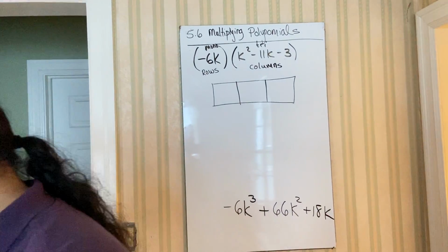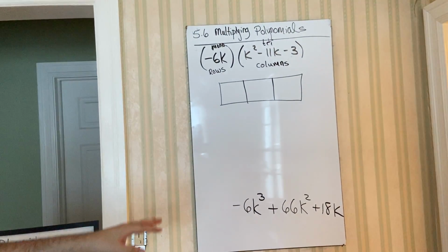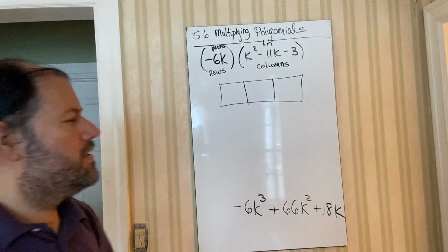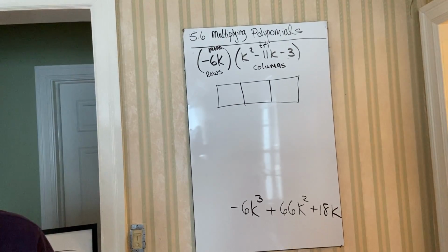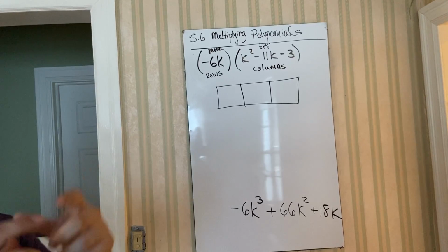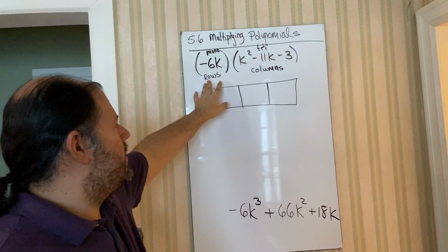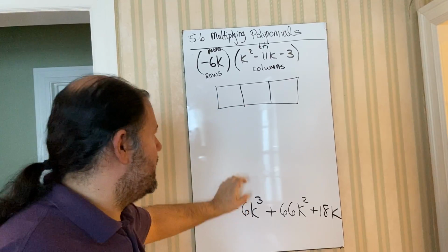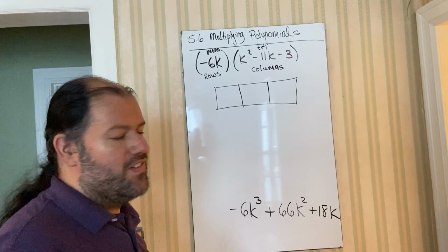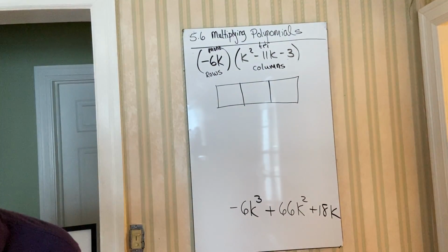Now some people ask, does this have to represent rows? Could this represent columns? You could. That's why I said you could draw it very tall. If this was columns, you would only have 1 big column, but then you would have 3 rows. So it's up to you how you do it.